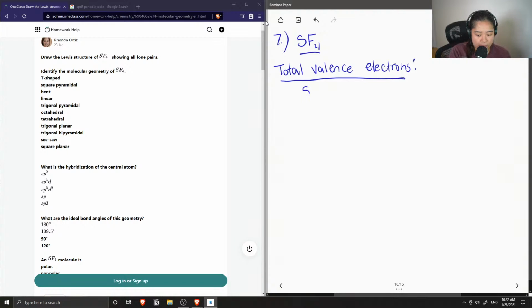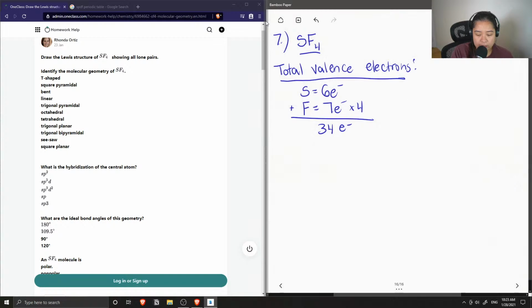So in the case of sulfur, sulfur has 6 valence electrons, and fluorine has 7. And since there are 4 fluorine atoms in this molecule, we multiply this by 4, and we get a total number of 34 valence electrons.